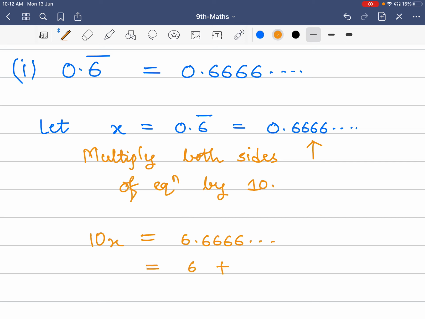This is 6 plus 0.6666 dot dot dot, and this is my 10x. However, can I say that this 0.6666 is nothing but x? Because we only said let x be equal to this, right? So this number here, 0.6666, is nothing but x. So once again, I'm getting 10x as equal to 6 plus x.